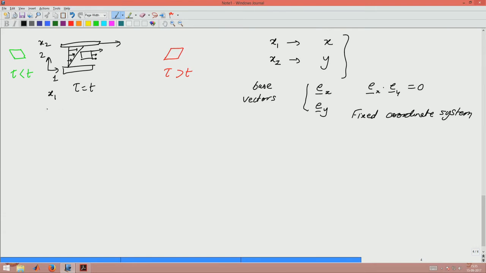So, with respect to this fixed coordinate system, what we will clearly see is that at any time in the future, when we are looking at the material, the material has moved to the right, and the shape of the rectangular material element that I drew has changed.